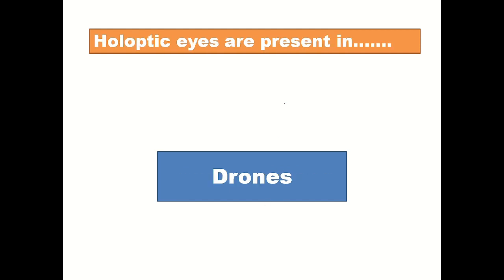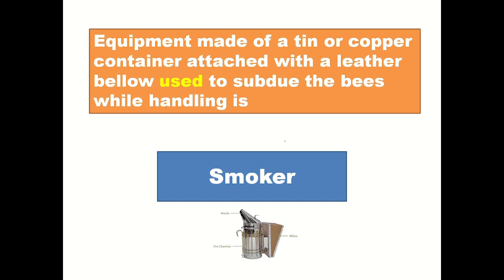Holoptic eyes are present in drones. Equipment made of a tin or copper container attached with a leather bellow, used to subdue or calm down the bees while handling, is known as smoker.